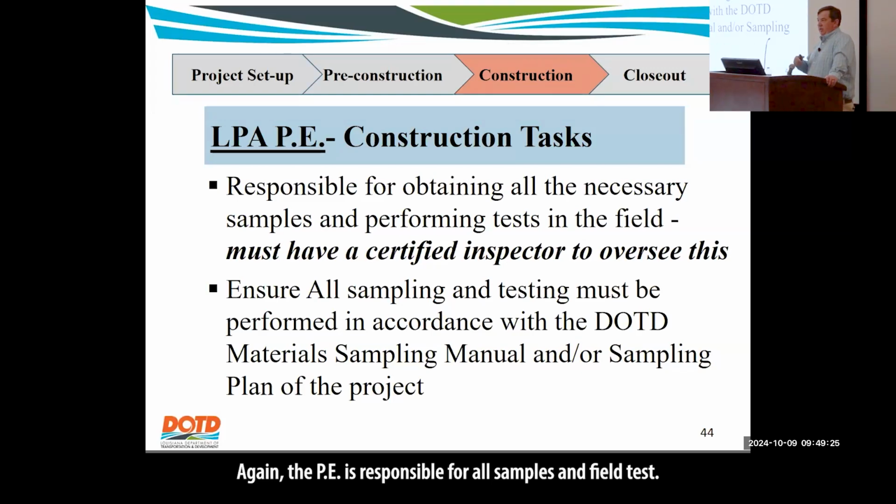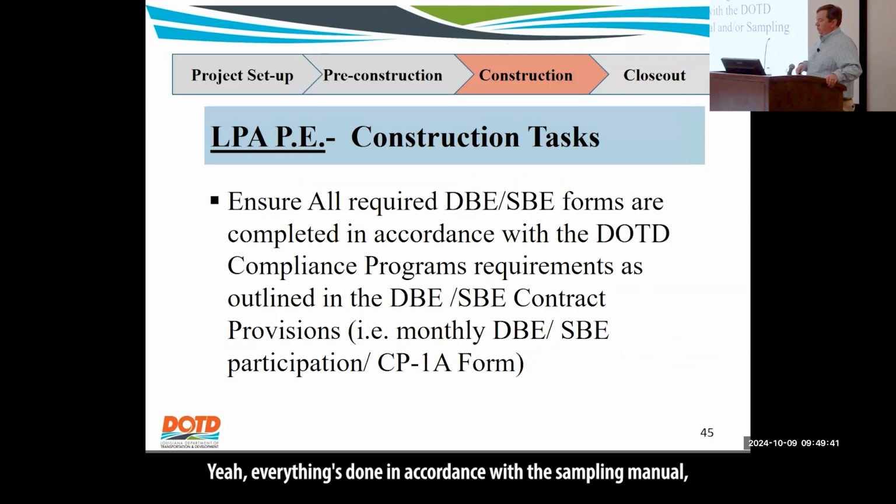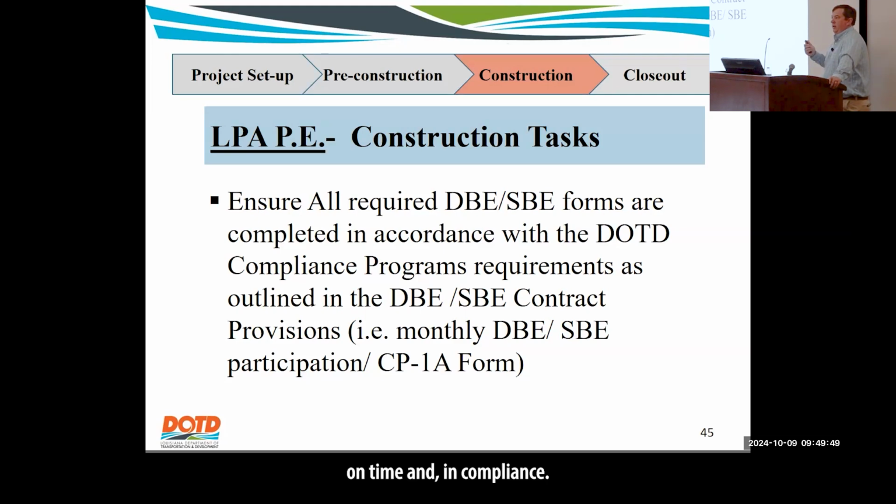Again, the PE is responsible for all samples and field tests. So again, visual inspections, density tests that are technically field tests, and the lab's not performing that, the inspectors are. Everything's done in accordance with the sampling manual, making sure all forms for the DBE are submitted on time and in compliance.